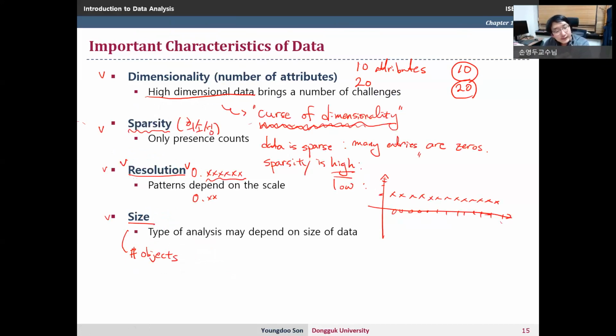So the size of data can affect the availability of analysis methods. Some methods can only be applied to a small number of data instances, or maybe some other methods require a large amount of time when they are applied to large size data or large scale data.